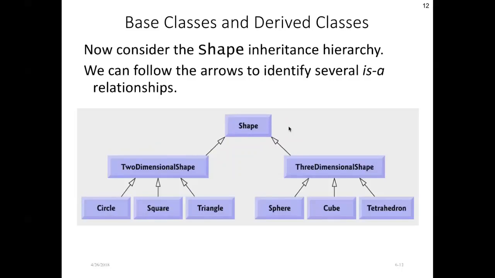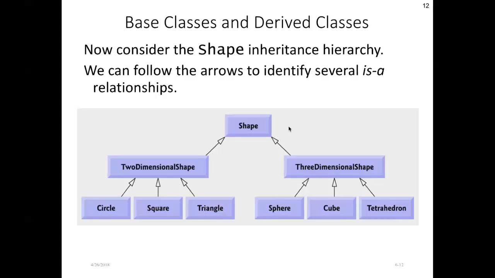For example, we think that a shape has some properties. Can you imagine what properties a shape may have? Okay, an area. Length times width becomes an area.